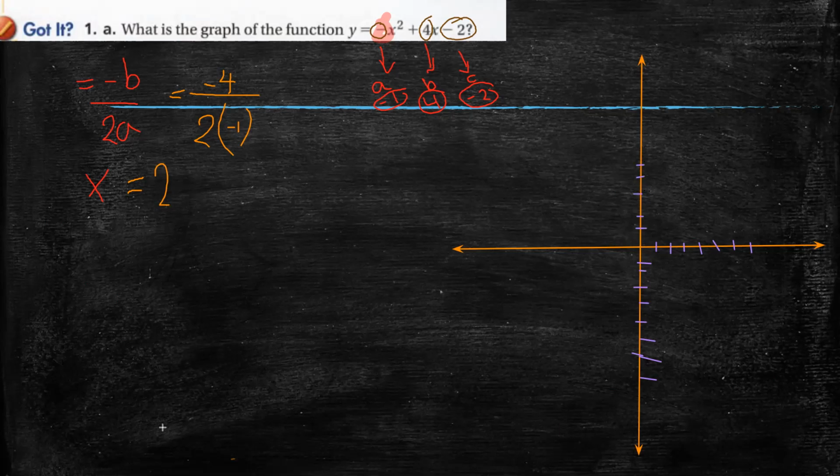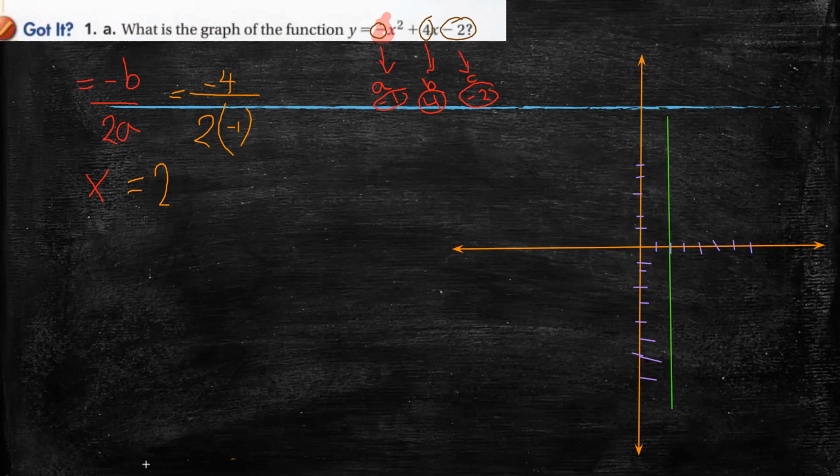So then at x equal to, this is now the axis of symmetry. Okay.